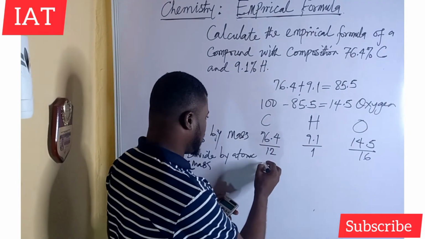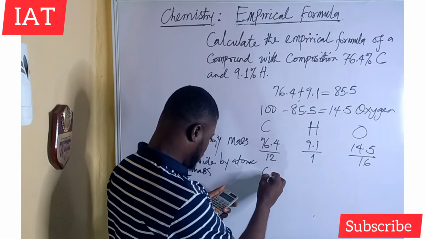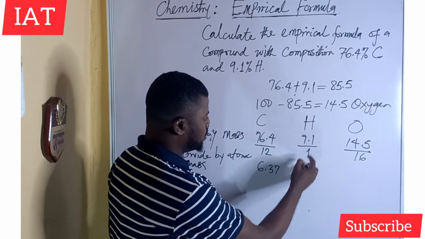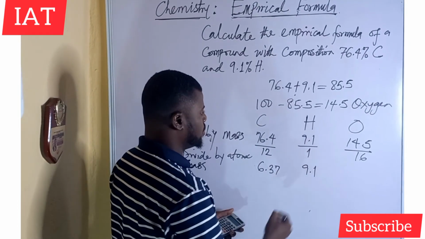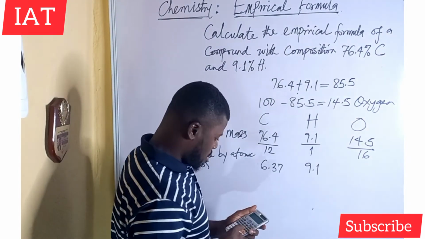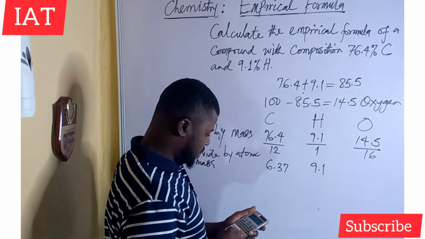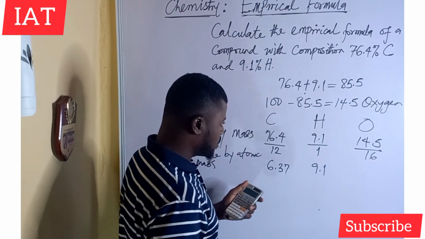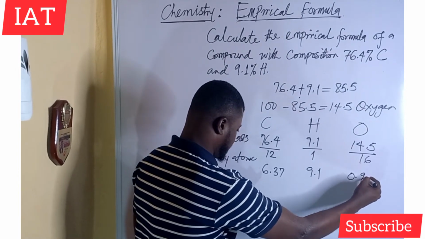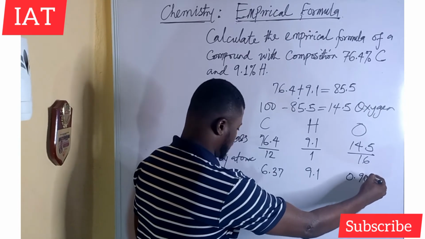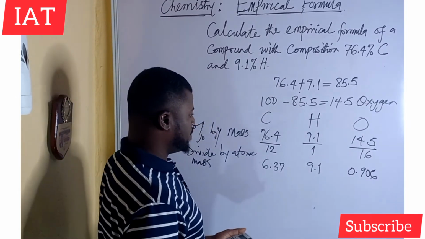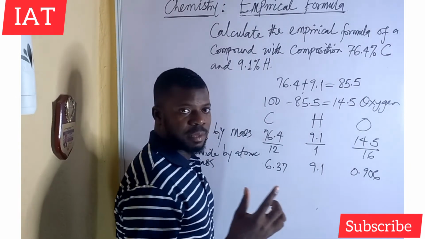The result has an approximate value of 6.37, and when you divide this, you have 9.1 divided by 1 is still 9.1, and 14.5 divided by 16 is given 0.906. All right. Now, if you go through all the values we have, you observe that the smallest amongst them is 0.906.